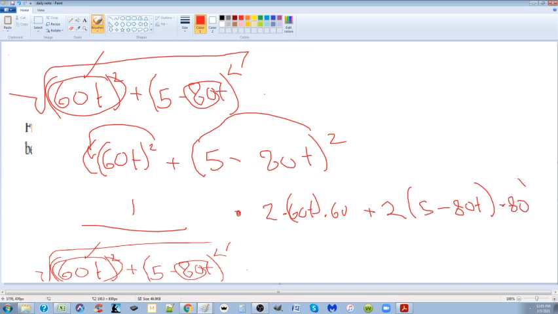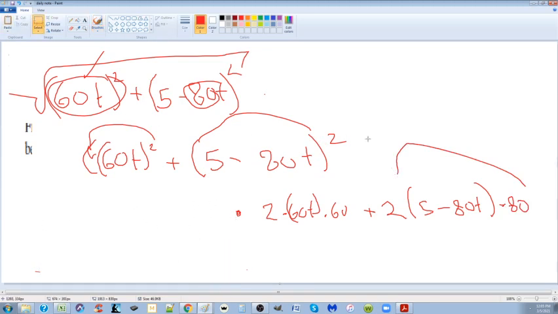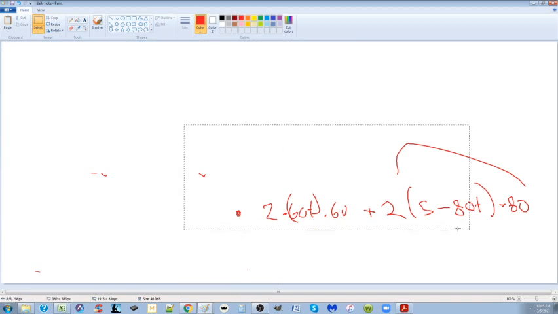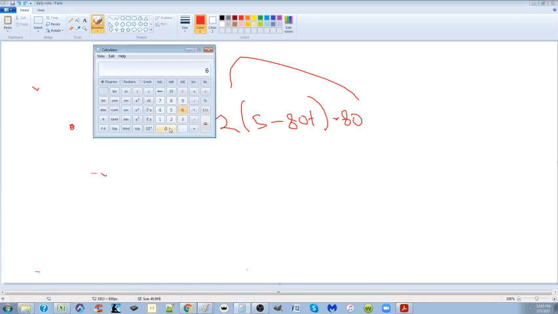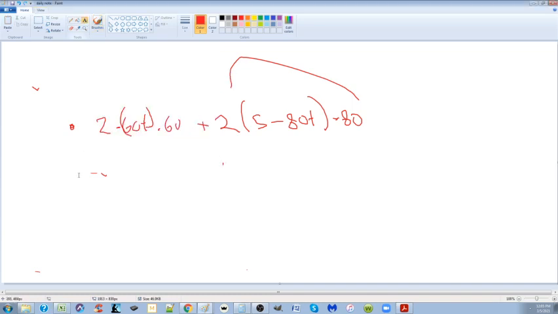So when this minus 80 multiplies my positive 2, I'm going to just forget about my denominator for now. Over here I get 2 times 60 times 60, which is 60 squared times 2, I get 7,200t.